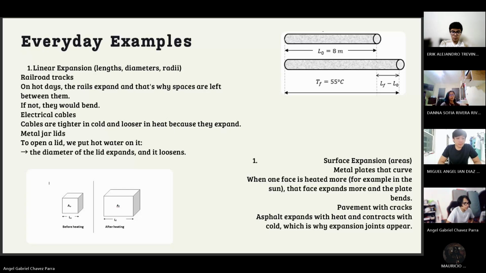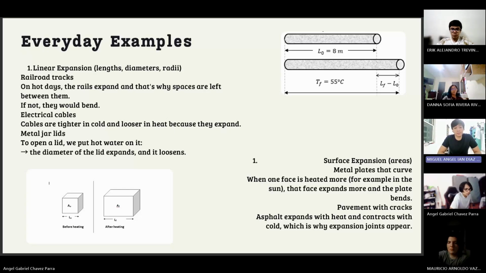Number one, linear expansion: lengths, diameters, and radii. Railroad tracks: on hot days, the rail expands, and that's why spaces are left between them.